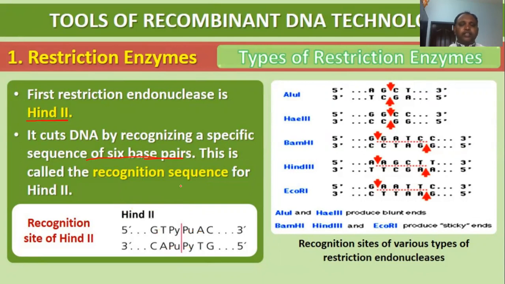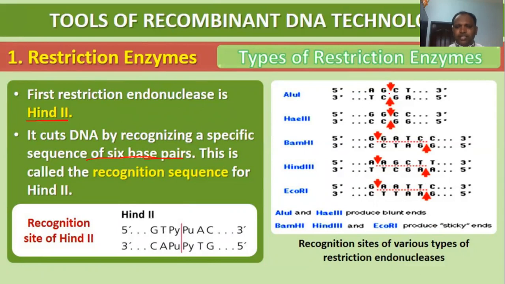Actually, the restriction sites, how many base pairs long? Minimum they are 4 base pairs long, and the maximum goes up to 6 base pairs long. Here the recognition sites are given for various types of restriction endonuclease, like AluI.